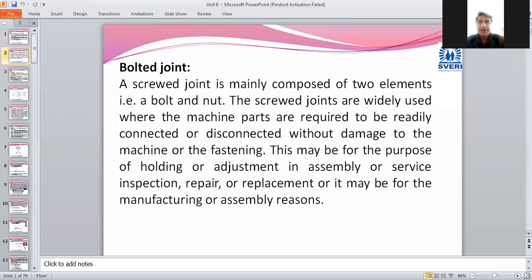Okay. And basically, when you want to connect two different parts together as per the requirement of that particular machinery, you are going to join two different materials or same materials together. There might be change in the geometry, there might be change in the material properties, or there might be change in the different components.